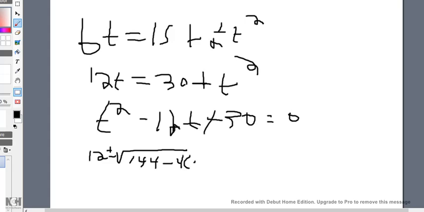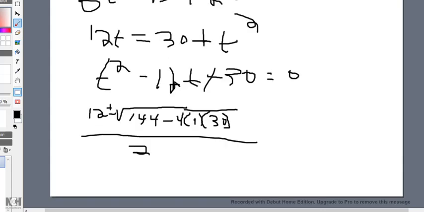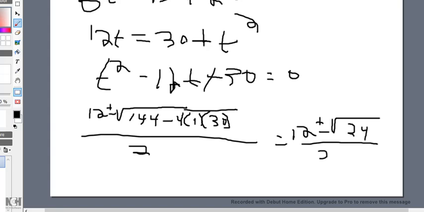So stop fussing. A is 1. Here comes my C, right? Divide by what? 2. That becomes 12 plus or minus what? Square root of 24, right? 2, which becomes your 12 plus or minus, you know, the square root of 24 should be about 4.8, 4.9.